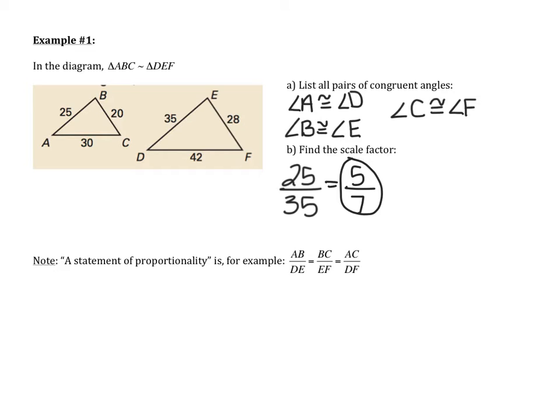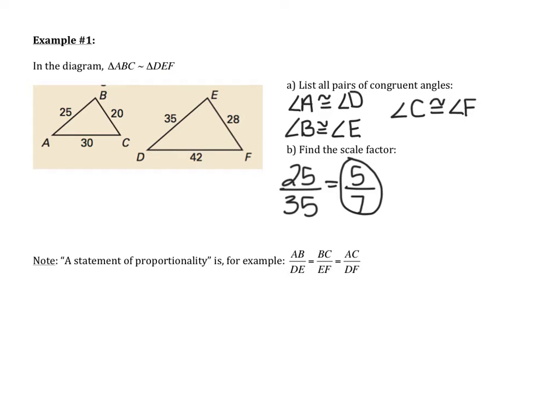I would get the same ratio or scale factor if I took 20 over 28 or 30 over 42. I would get the 5 over 7. And here's just a side note. A statement of proportionality. If you ever see that while you're doing your homework, what it means is you're going to take each corresponding side and write it as a fraction. So AB corresponds to DE, so we put AB over DE.